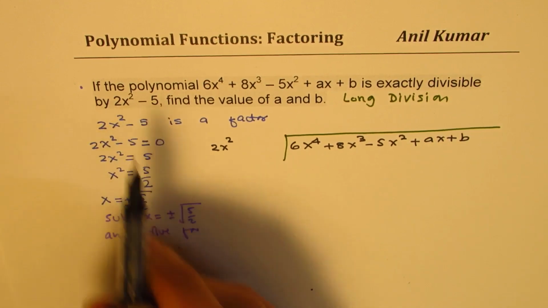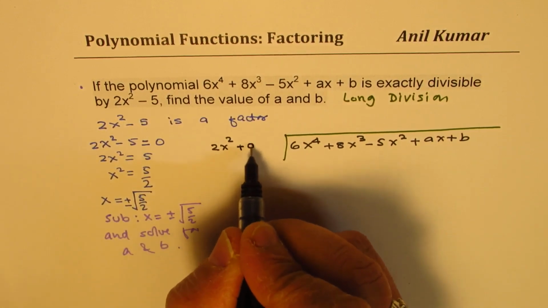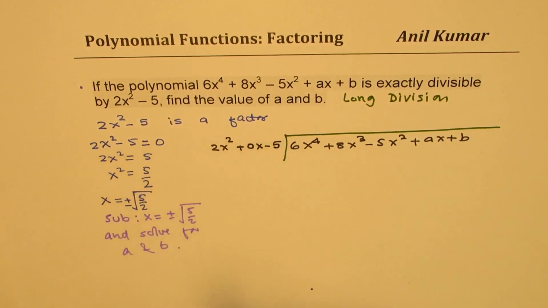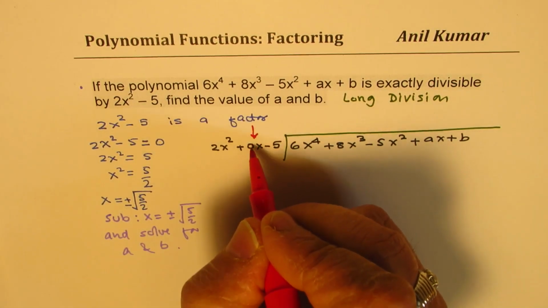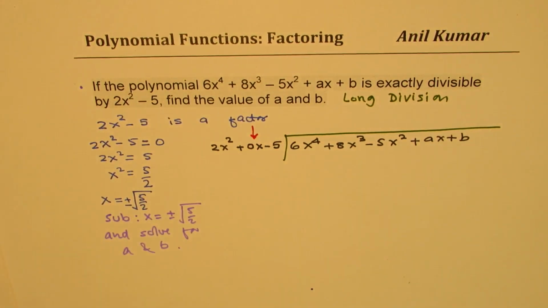You will notice that x term is missing, so we'll write a placeholder 0x here to divide. Now this placeholder is very important, right? So concentrate on this. We have introduced 0x just as a placeholder. It doesn't really change the divisor, right?